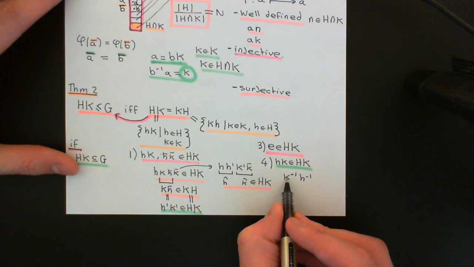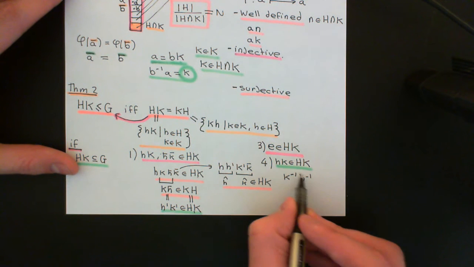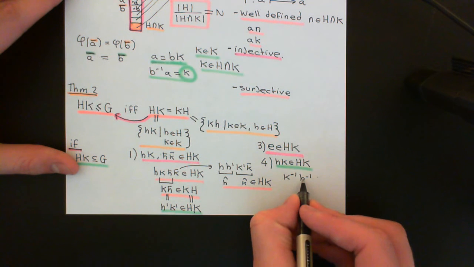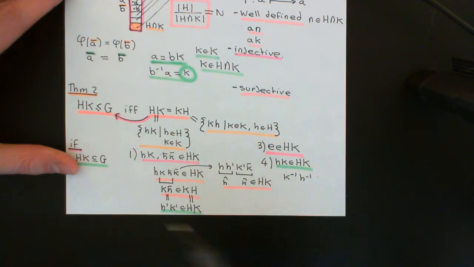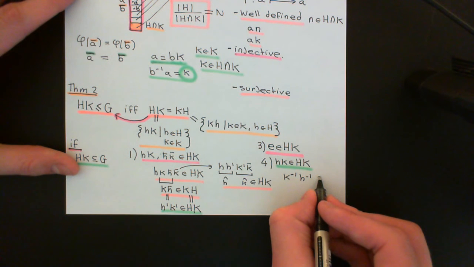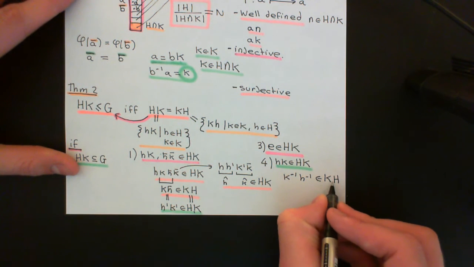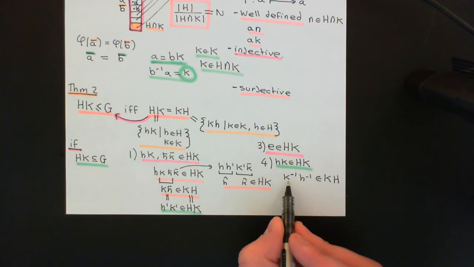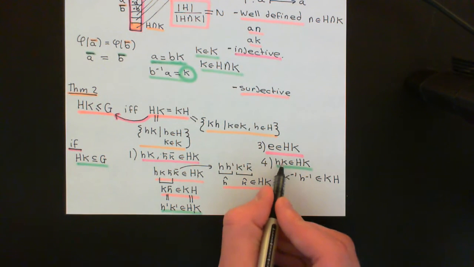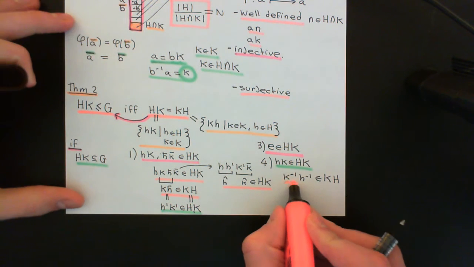Little k inverse is going to be in capital K, and little h inverse is going to be in capital H, because they're both subgroups. And this thing here is certainly therefore going to be in the product of K and H, because here's just an element of K composed with an element of H, and this is going to be the inverse to this element, because if I did compose them together, I'd end up with the identity.